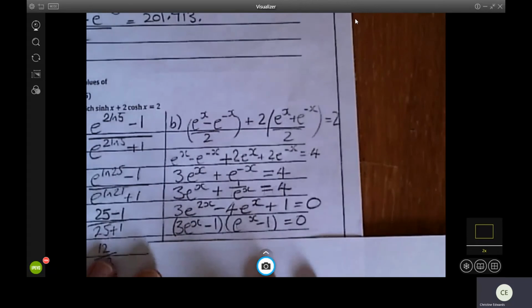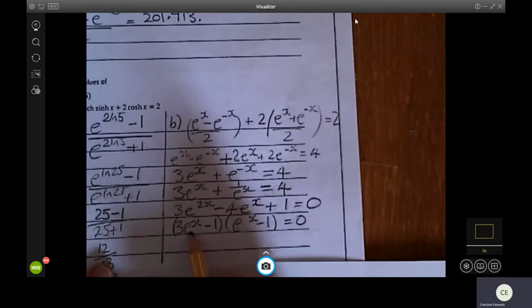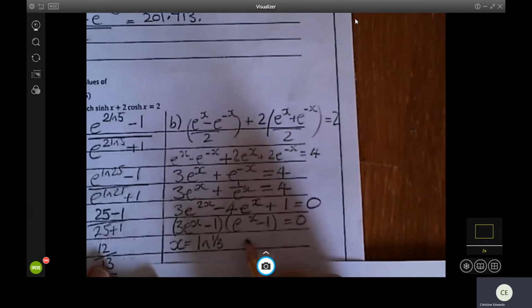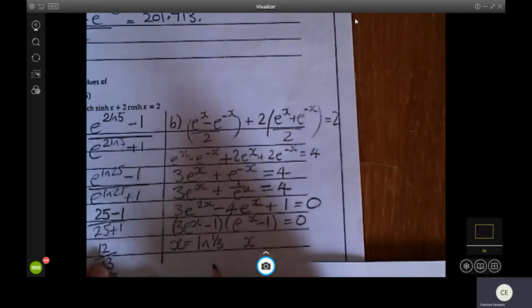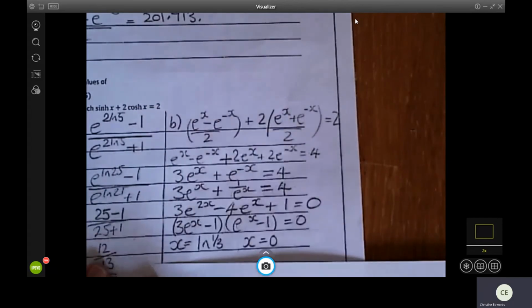That gives us two solutions. This bracket will give me e to the x equals a third, so x will be the natural log of 1/3, and from this bracket x will be 0 as e to the x equals 1.